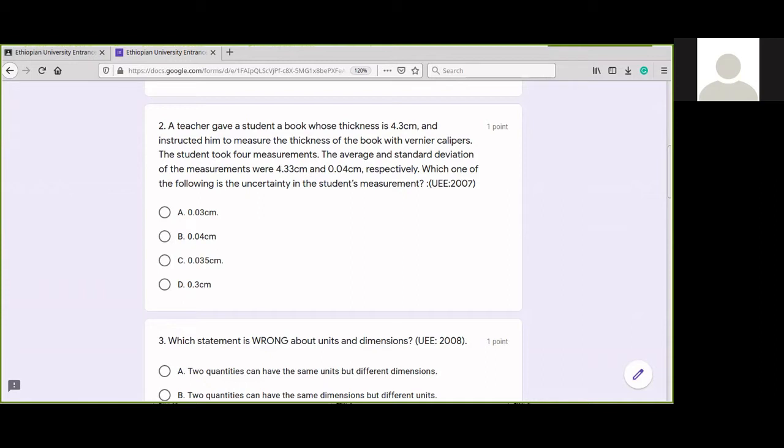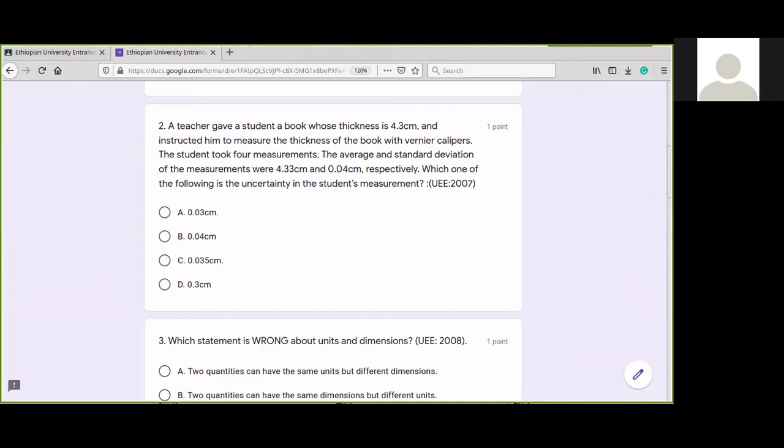I think 0.04 is the student's average deviation, yes? Yes. So can we say that that is uncertainty? Because the value is given by the teacher, which is 4.3 centimeter. Is that deviation from the exact value given by the teacher or from the student's point of view? Deviation from the student.